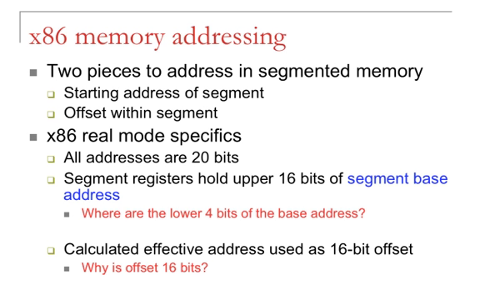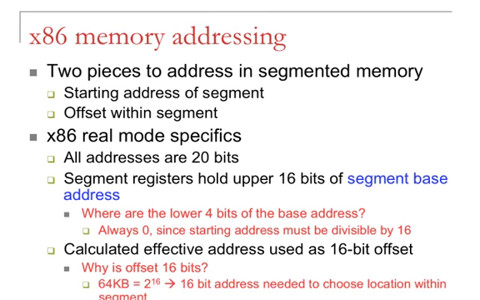That's why I only need 16 bits to address anywhere within this segment. Each one is 64 kilobytes, and 16 bits will be enough. Here the lower 4 bits are always 0 because a segment starts at a multiple of 16, and here we have the 64 kilobyte segment size. Those are the reasons.